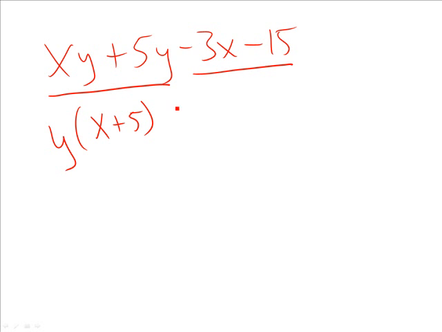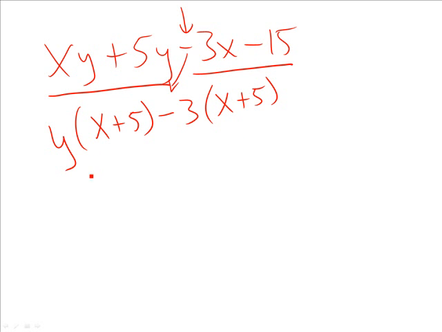Looking at the other two terms, we notice there's a common negative 3. Remember, anytime there's a leading negative, you want to make sure you factor it out. So we factor out the leading negative with the negative 3, and we're left with an x plus 5.